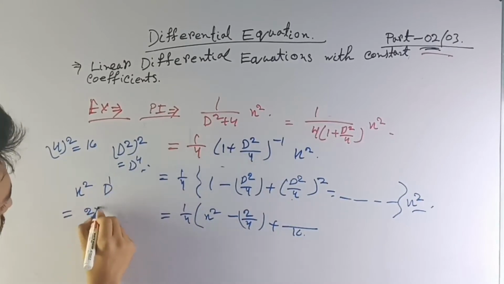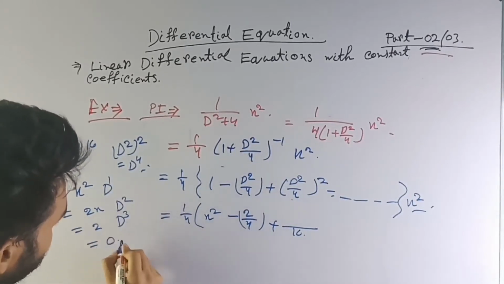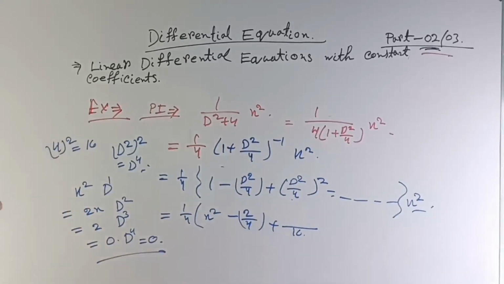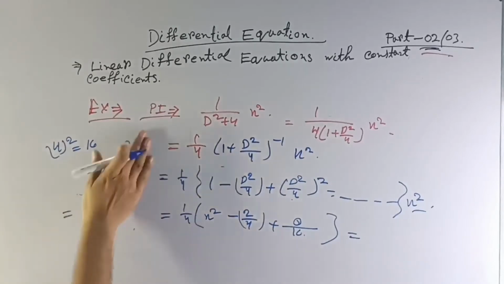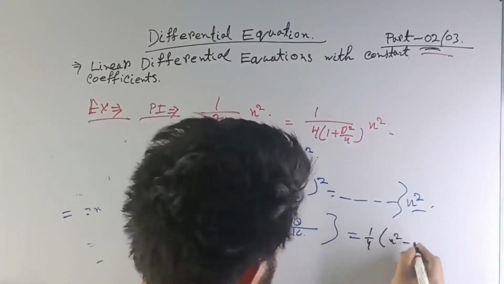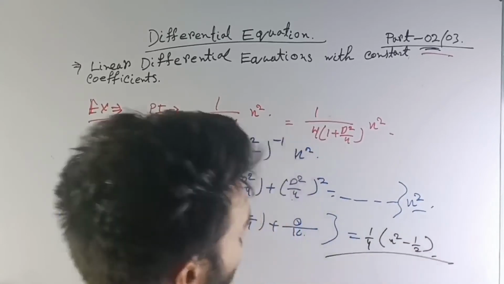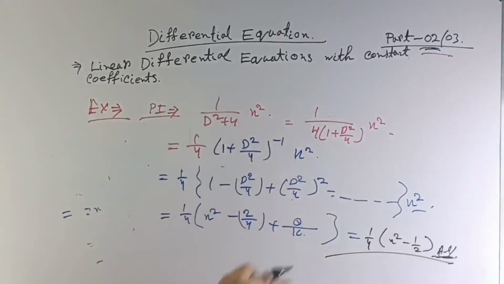Now x square derivative is 2x, and 2x derivative is 2, 2 derivative is 0, and 0 derivative is 0, so therefore 0 by 16, that means it's coming 1 by 4 times of x square minus 2x by 2, that's it. So it's the answer.